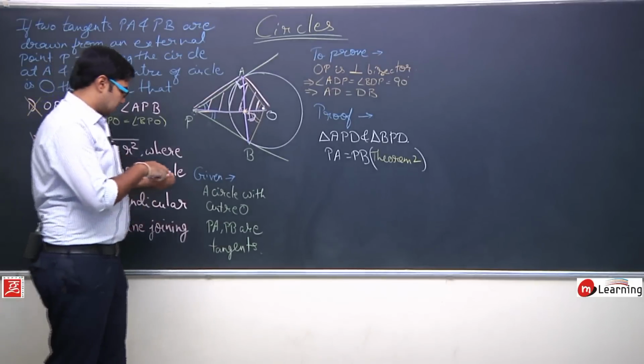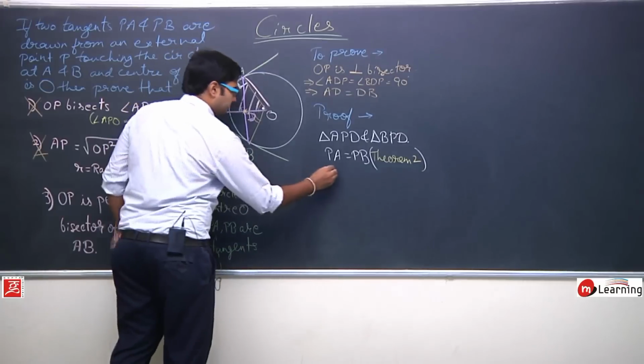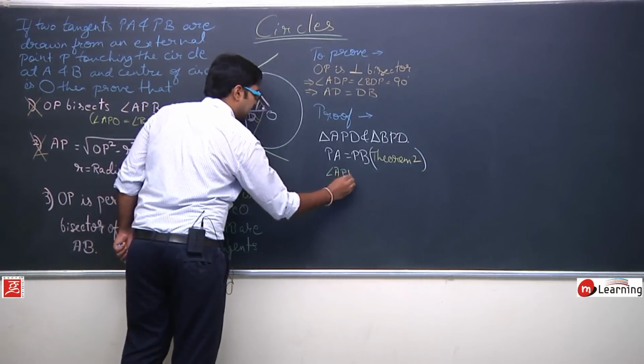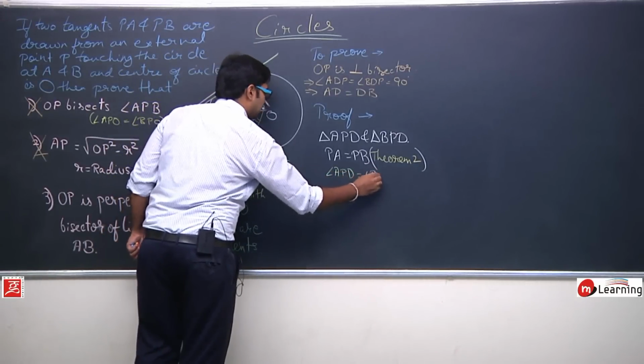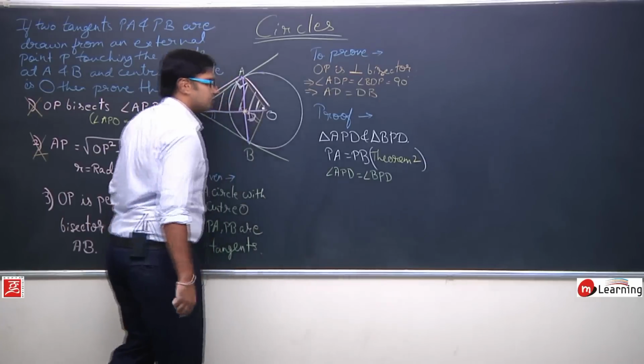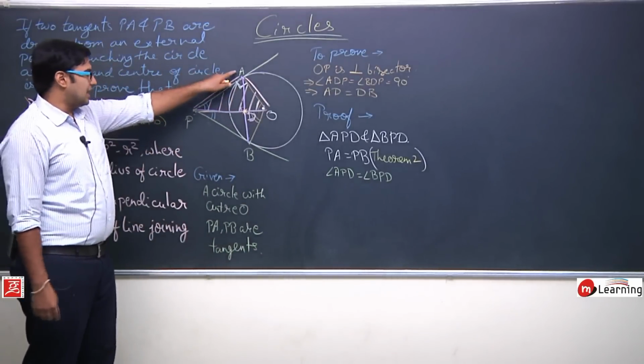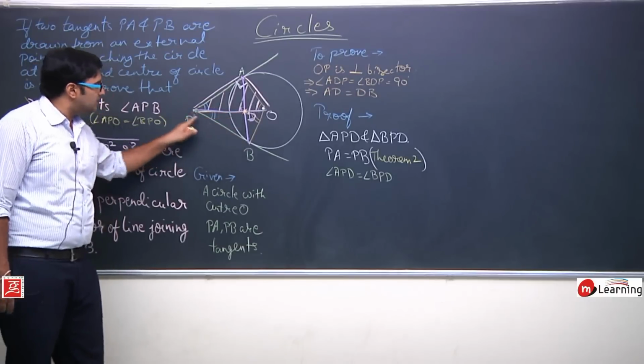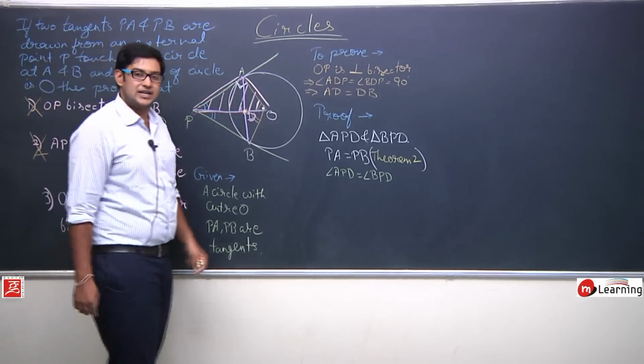After this, angle APD is equals to angle BPD. Now why angle APD is equals to angle BPD? Try to understand this.